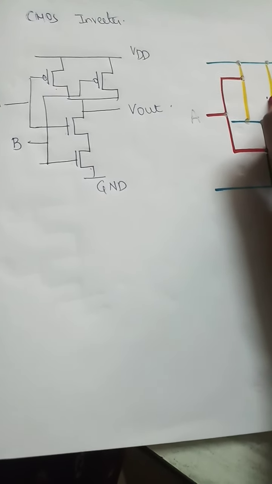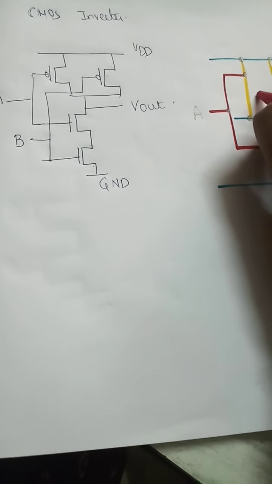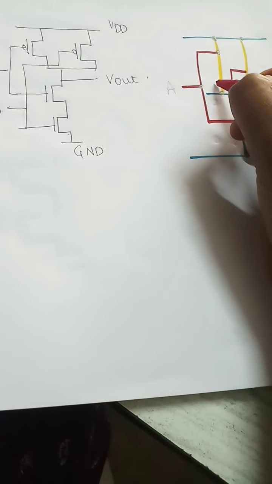You are taking the connection like this, like this. See, if I make a connection of this polysilicon with this one, what happens? Already here one transistor is formed. If I try to join this red line with the yellow line again, here again a transistor will be formed.